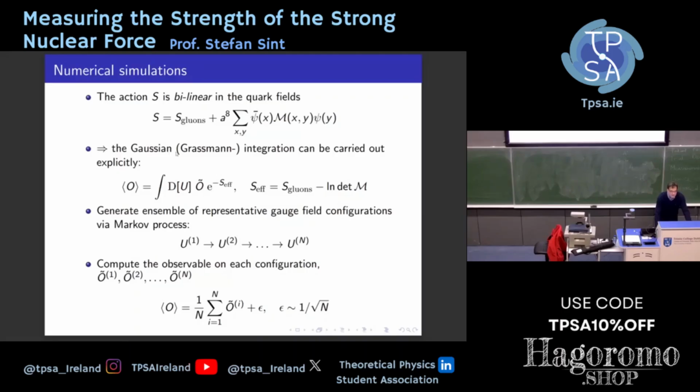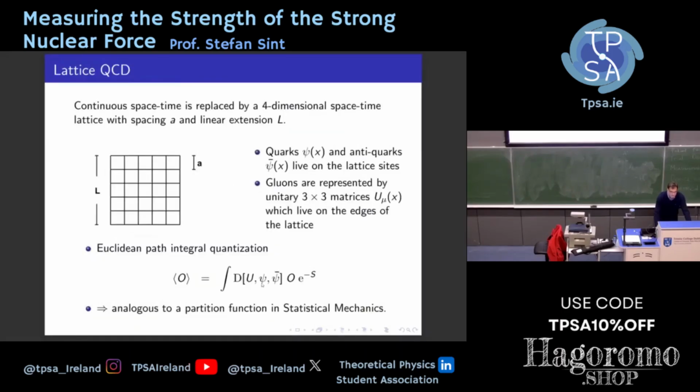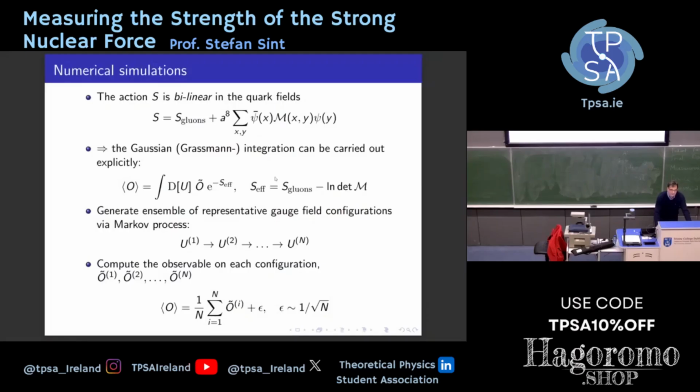They cause all kinds of trouble in all kinds of fields of physics. If you carry out the Gaussian integral over psi and psi bar, you can do this integral exactly, and then you get an effective action. You still have the integral over the gluon fields, the U variables, with the gluon action and the determinant of M, which you exponentiate, or you have a log here.